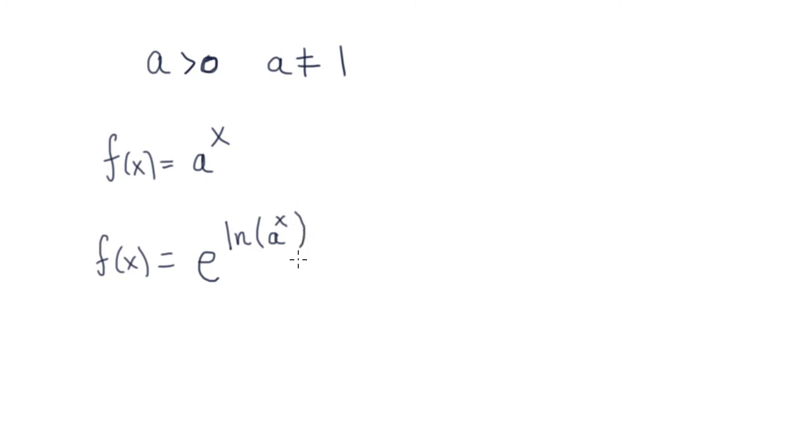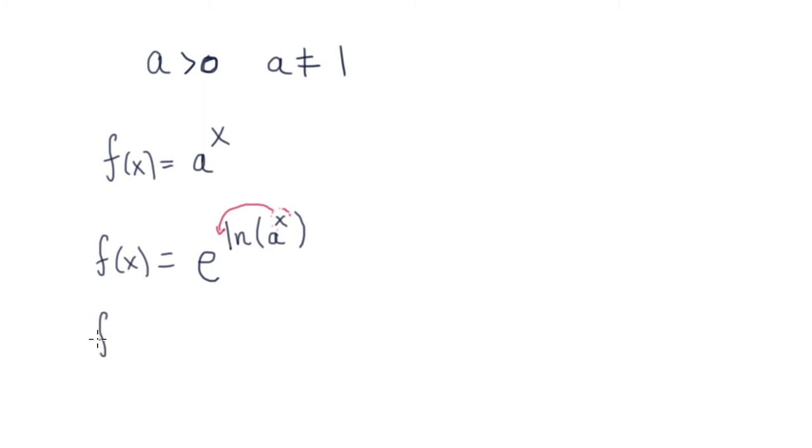And notice I haven't changed the function, right? Because e composed with log of something is just that something, because they're inverse functions. But now, look, this is natural log of a to the x up in the argument. So what I can do is now use the property of logarithms, and I can actually pull this x out in front.